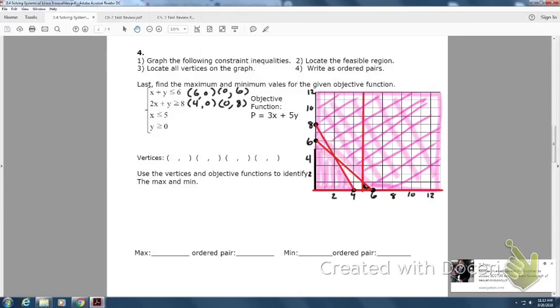So now that I have that, I need to identify those 4 vertices right there. Kate Walker, what is one of those vertices? I'm looking at this region right here. Oh, you shaded the other one? Yes, ma'am. 2, 4.